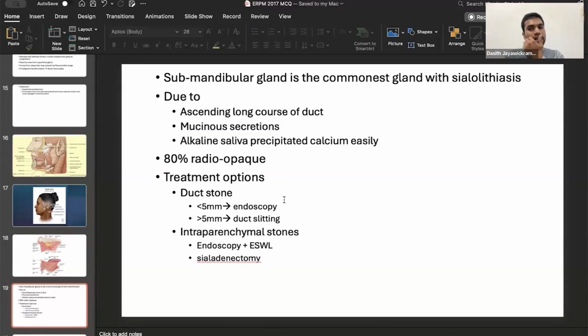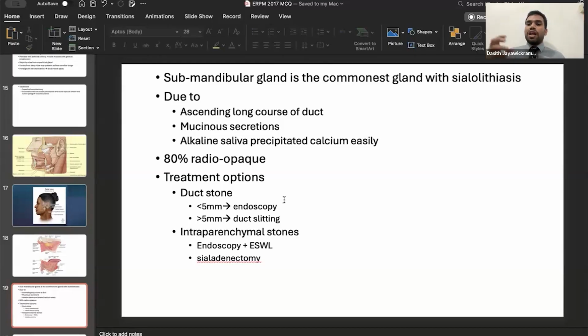It also depends on the size. If the stone is in the duct and is a smaller size, we can do endoscopic stone removal. We can find the opening of the submandibular duct under the tongue, and then go in endoscopically and take the stone out if it is less than 5 millimeters. But if it is more than 5 millimeters, then open the duct. What about intraparenchymal stones?